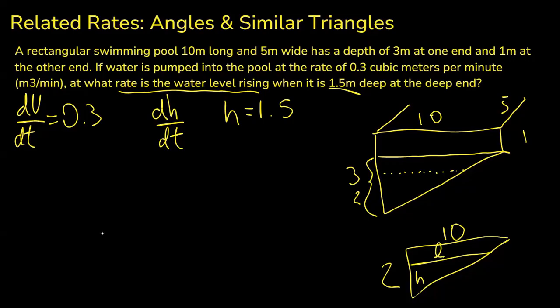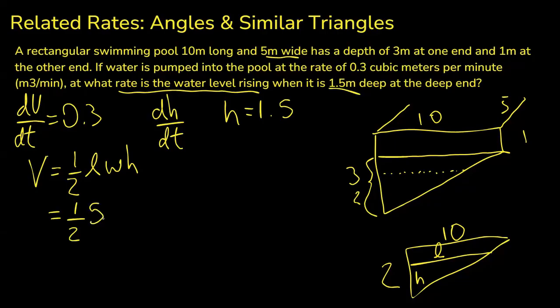Now we can set up the volume of the pool. So the volume is going to be 1/2 length times width times the height. We know that the width is always 5 because no matter how deep the pool gets, it's still going to be 5 meters wide.